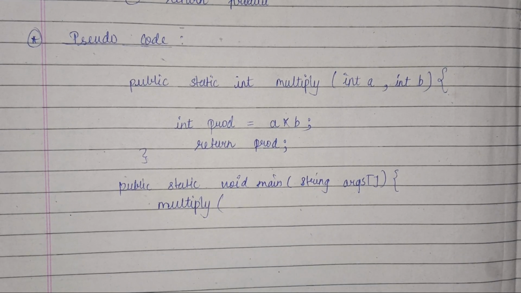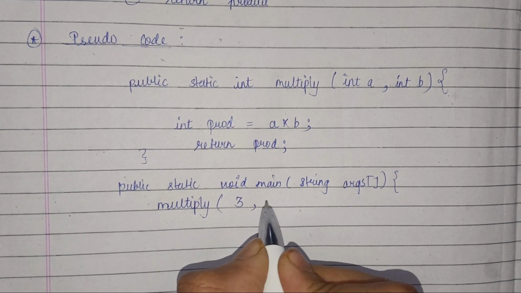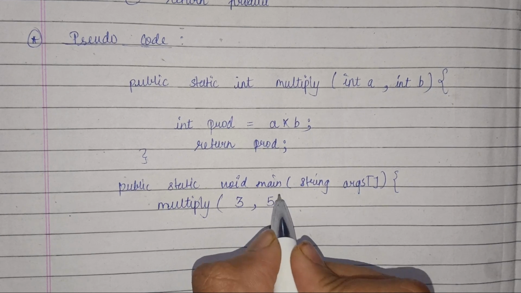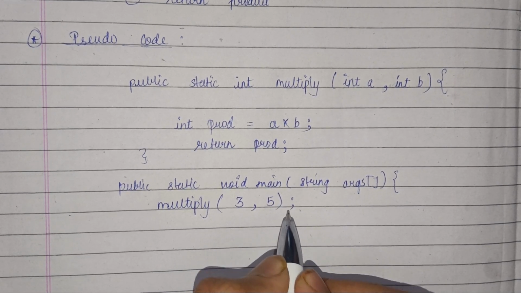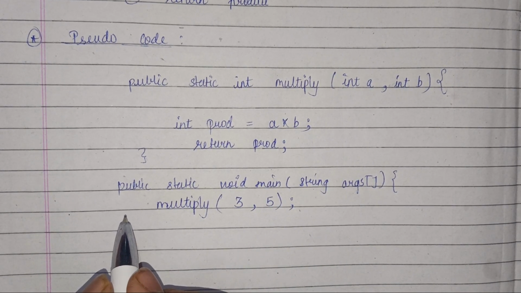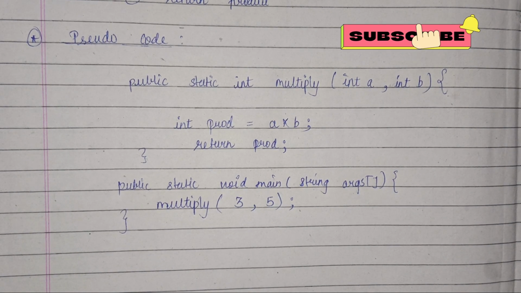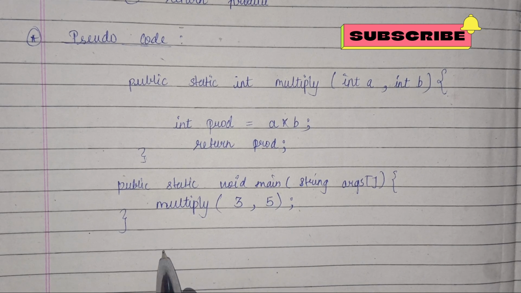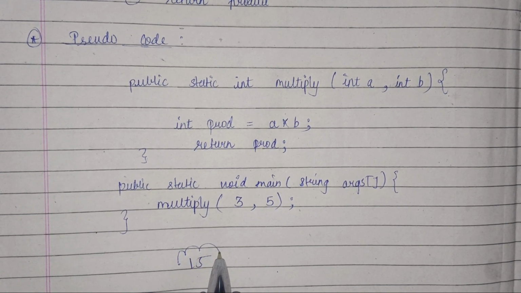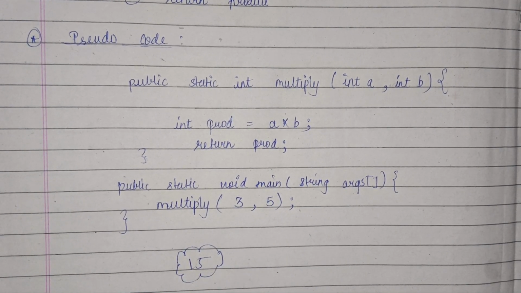Now we have to pass the parameters, a as 3 and b as 5. Now we will get our answer, that is 15. So like this we can get the product of two numbers. Let's see it in our demonstration.